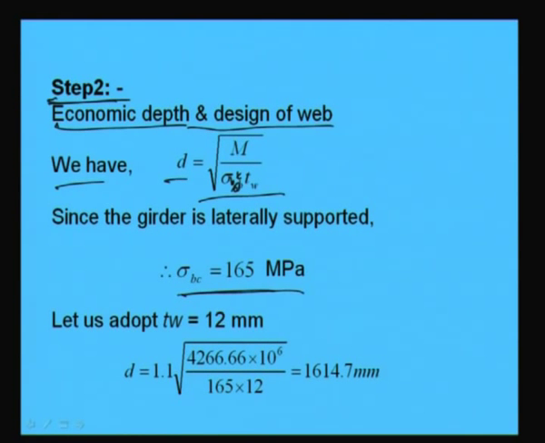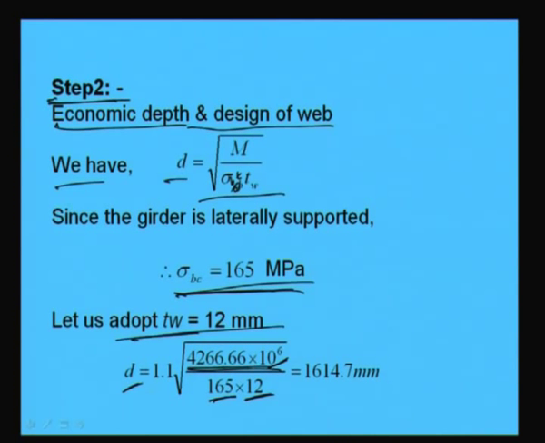So, if we assume sigma Bc value as this, and if we assume some thickness of web, then I can find out the value of d, right. So, d will become M, which we got earlier, 4266.66 kilonewton meter. To make it Newton millimeter, we are multiplying by 10 to the power 6, divided by sigma Bt, that is 165 MPa, and thickness of web Tw we are considering as 12 mm, right.